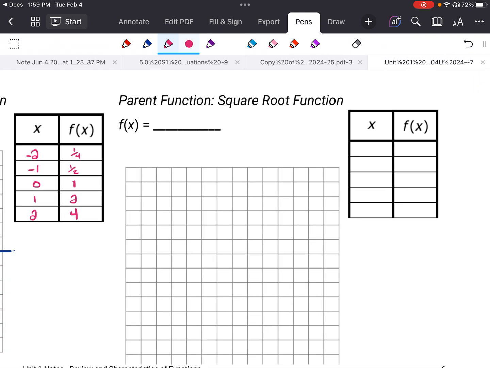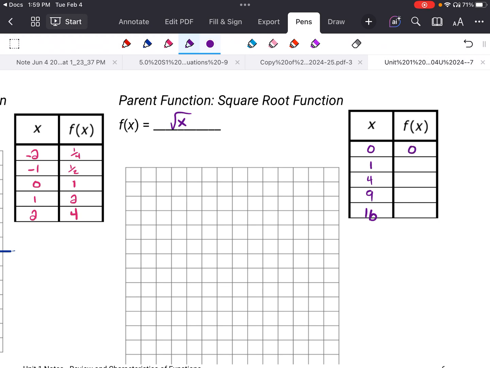Square root function, or radical function, is the square root of numbers. So let's go 0, 1, 4, 9, 16. I'm giving actual rootable numbers for x's.